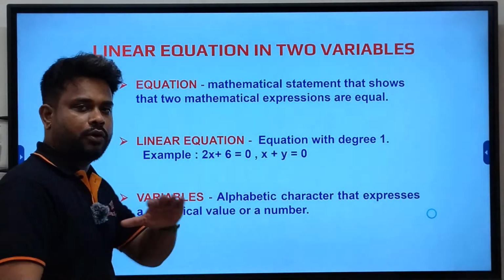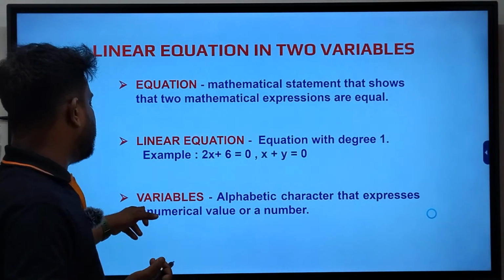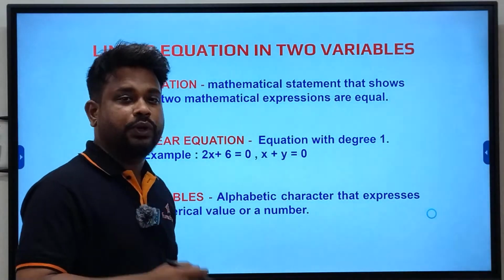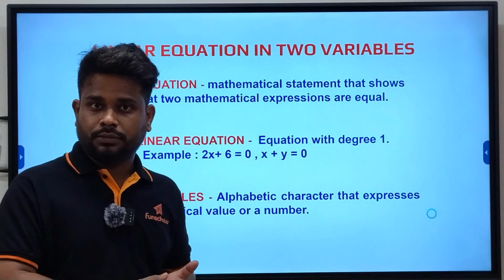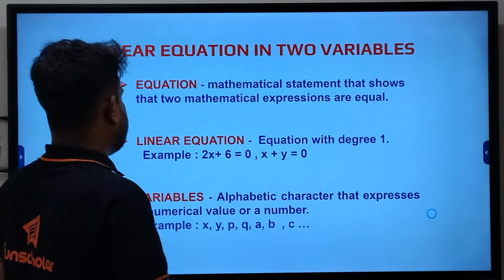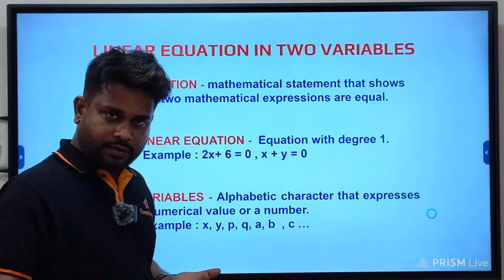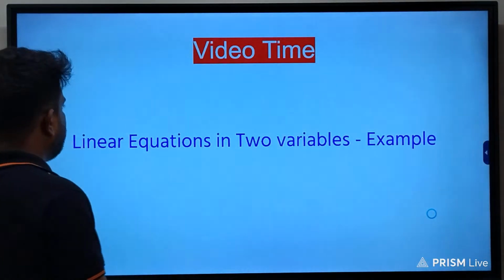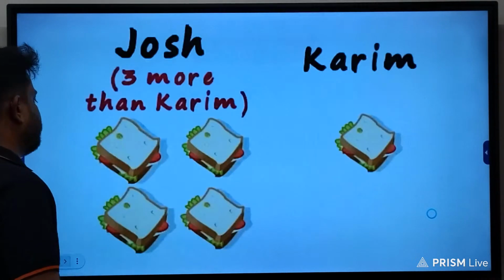And variables, I have already told you, are alphabetic characters that express a numerical value or a number which we don't know yet. We have to solve for it. So these are all called variables, just like x, y, z, p, q, a, b, c, d, alpha, beta, gamma, whatever. We have another video on linear equations in 2 variables examples.